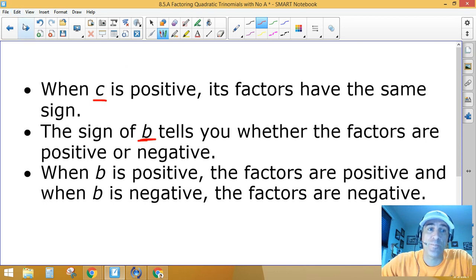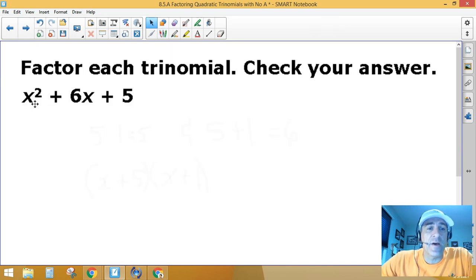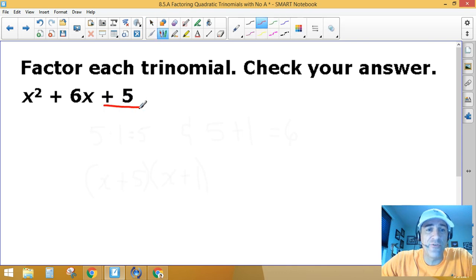Let's look at an example of this. So here I have x squared plus 6x plus 5. My c is positive, so that tells me my two factors will be the same sign. Now I look at this sign, that's positive, so they're both going to be positive. So now what I have to do is look at this 5.